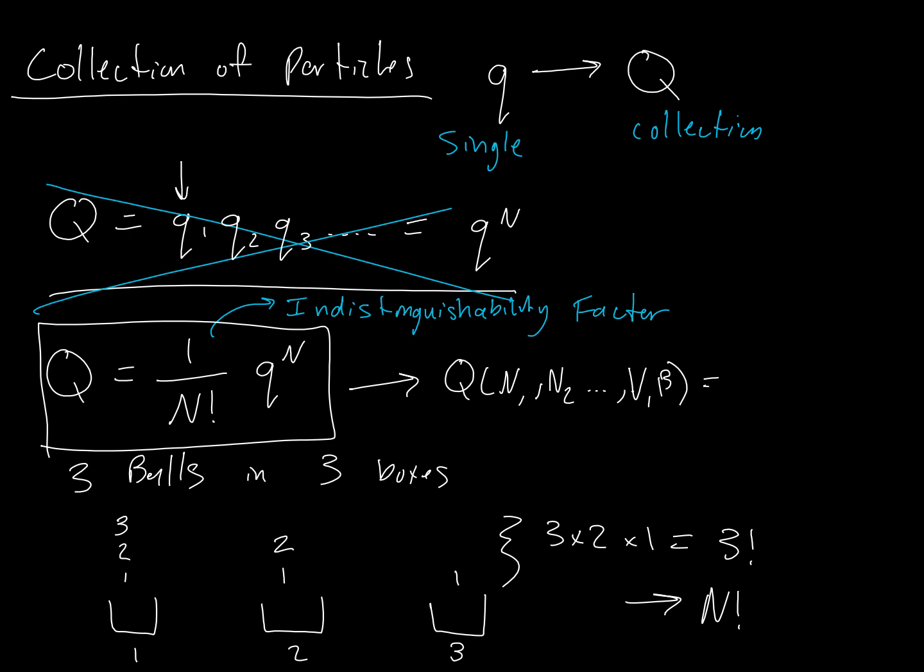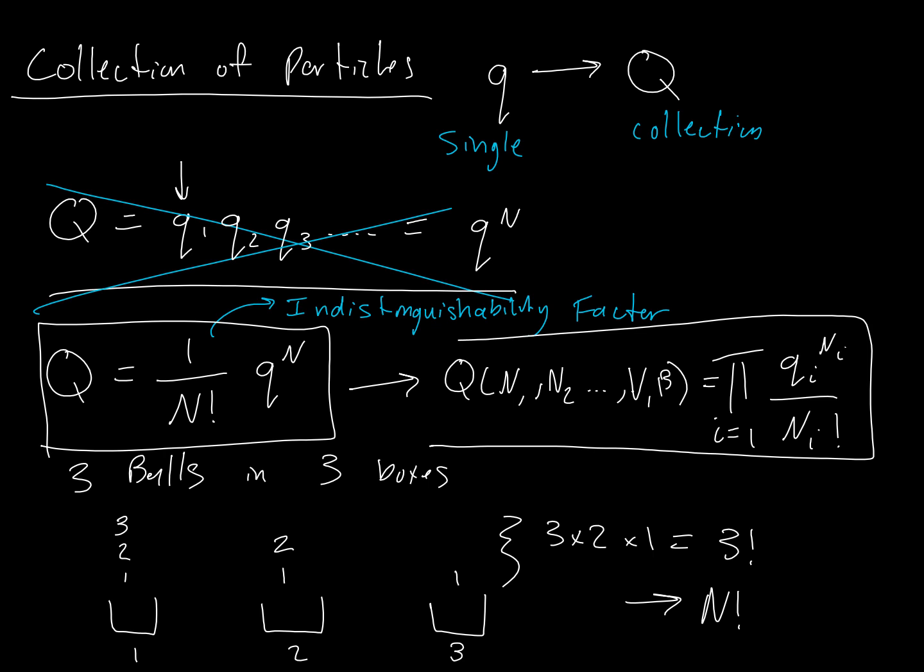In that case, our partition function for a collection of particles will be the product over i of q_i to the N_i over N_i factorial. All we're doing is taking this function and saying that for every particle type I have that partition function, multiplied by the partition function of the next one.